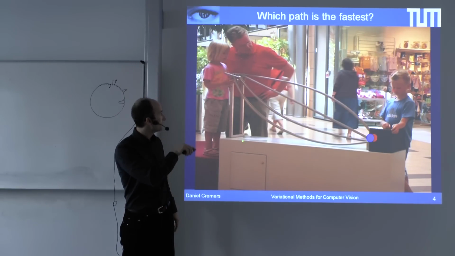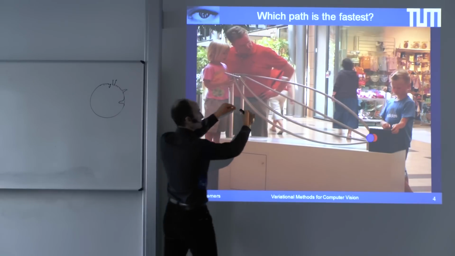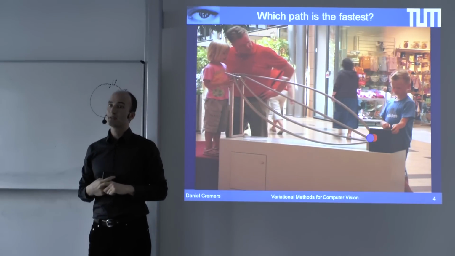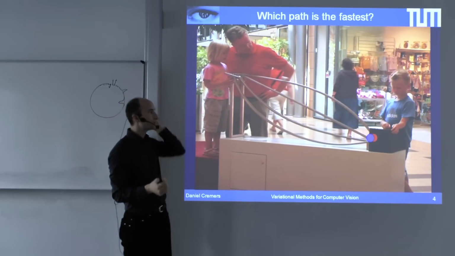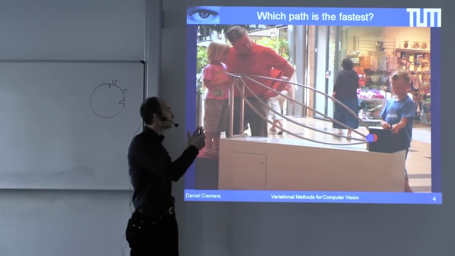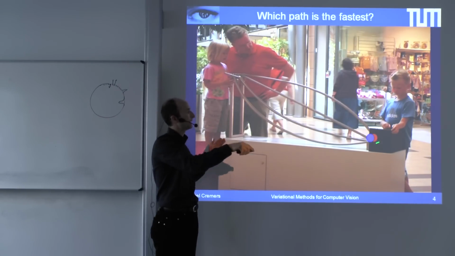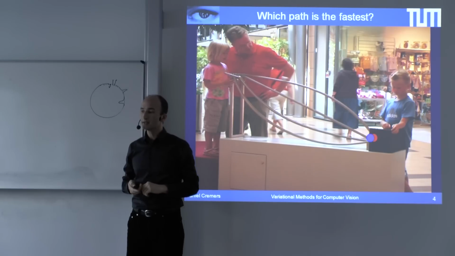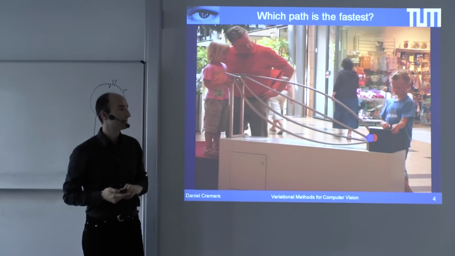And so there are infinitely many points where I can perturb a given path and create a new path. And I'm asking the question then, what is the perturbation? What is the optimal path that leads you to this goal fastest?